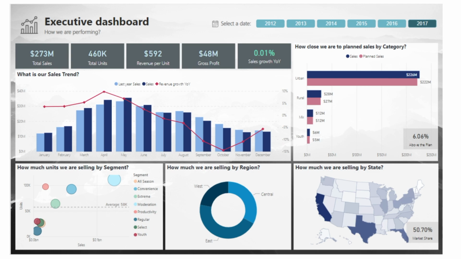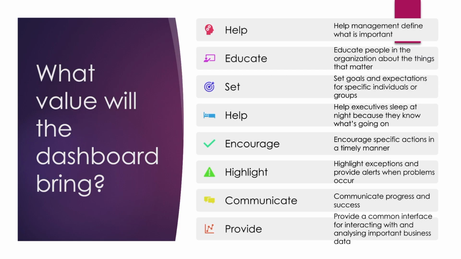Maybe it can be because of one particular product in a particular region which is causing an issue. That way, these dashboards help people understand the things that matter and help them to change their strategy based on what's happening in their organization.